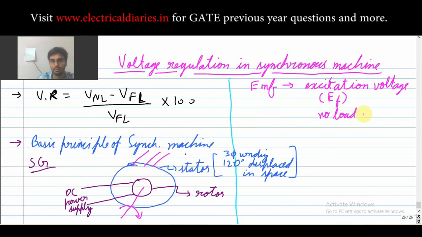Or you can just remember EMF generated in stator windings. So that is known as the excitation voltage, EF. It is also known as no load voltage, or one more term is there, excitation EMF.